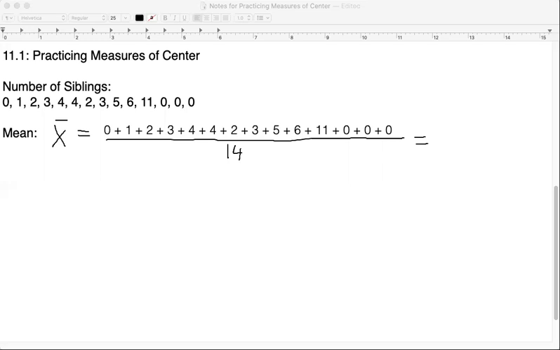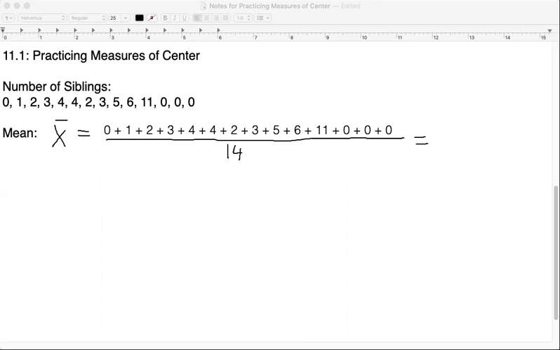So we have 0 plus 1 is 2. Plus 3 is 6. Plus 4 is 8. And then we have 10, 17.